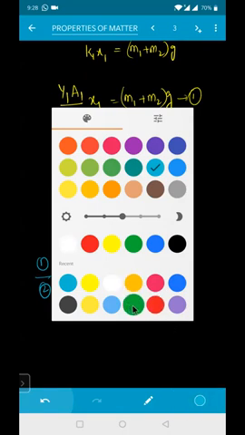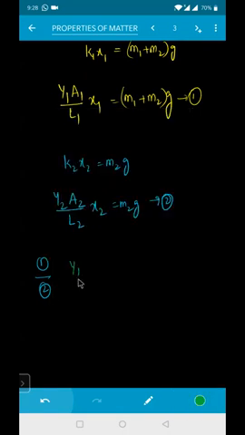Ultimately Y1 divided by Y2 into A1 divided by A2 into L2 divided by L1 into X1 divided by X2 is equal to M1 plus M2 divided by M2.